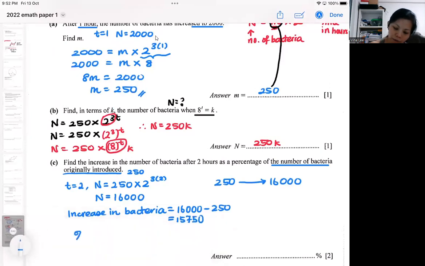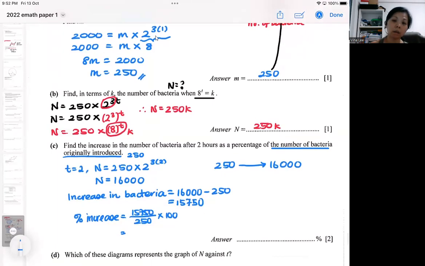Then I will convert it to percentage increase. So when you do percentage increase, in this case, the base will be the original bacteria, which is the 250. So you will get 6,300%.